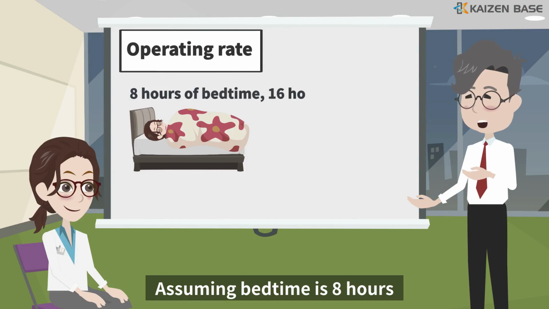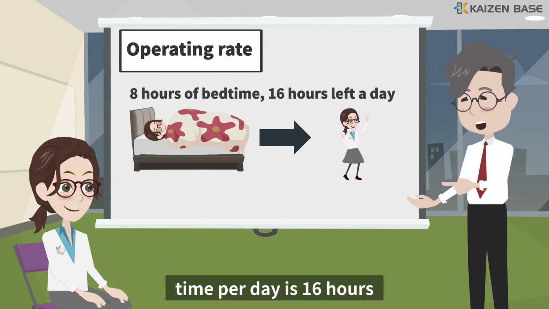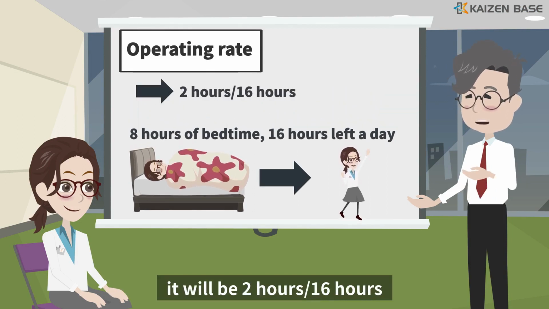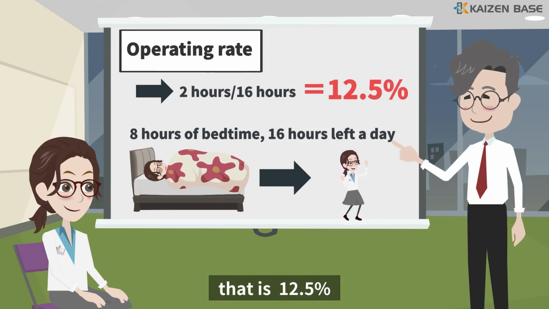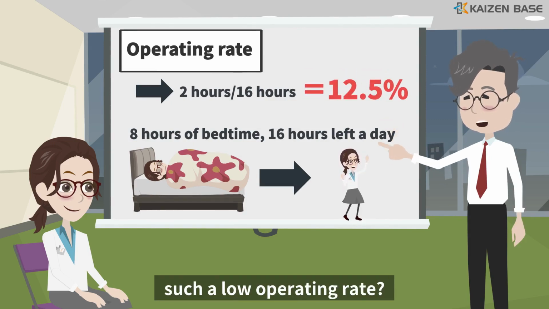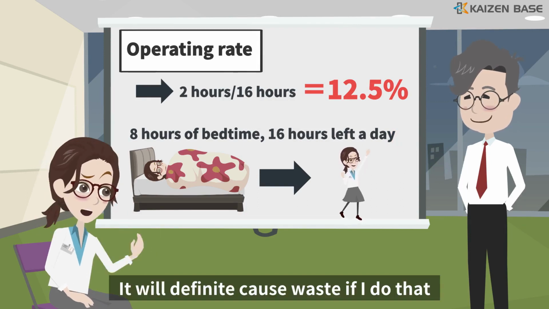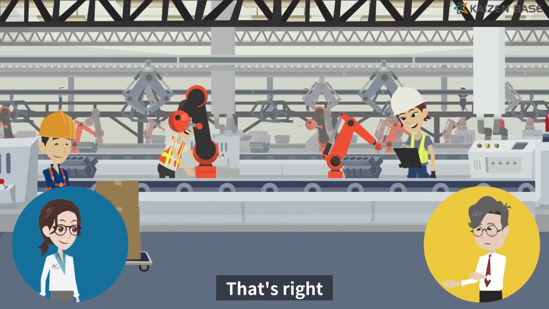Assuming bedtime is 8 hours, and the available overall operation time per day is 16 hours, so if you calculate the operating rate, it will be 2 hours per 16 hours, that is 12.5%. Mio, do you want to raise such a low operating rate? No, I don't. It will definitely cause waste if I do that, so I won't. That's right.